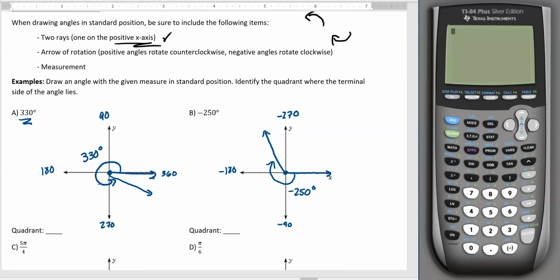There we go. Now notice it also asks us to identify the quadrant where the terminal sides lie. Just a refresher, this is quadrant 1, quadrant 2, quadrant 3, and quadrant 4. So for letter A, we would have ended up in quadrant 4. For letter B, we would have ended up in the second quadrant. Very good.